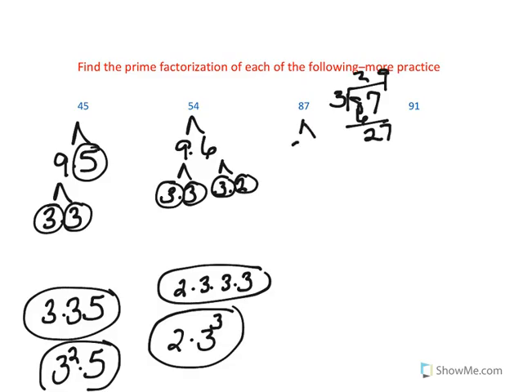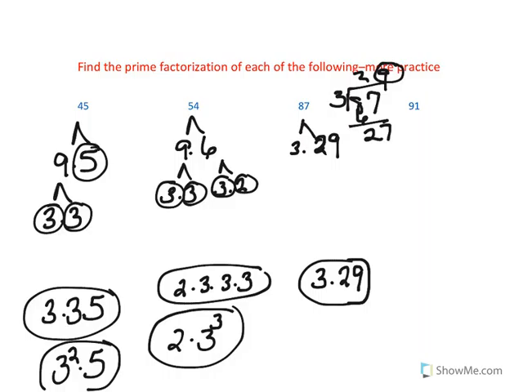So 87 is 3 times 27. And that would be all you, oops, that's a 9, isn't it? Look at that, it's a 9 up there. I knew that wasn't right. Easy fix. 3 times 29, it's a 9. 3 times 29. Talk about careless mistakes.